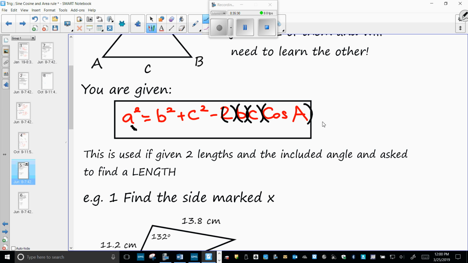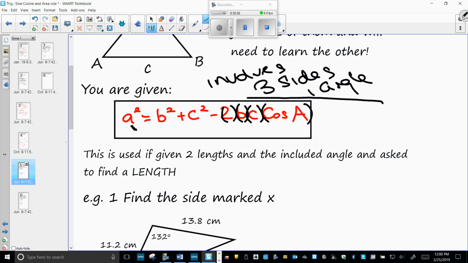For the cosine rule, you need to know all of them. There'll only be one missing. One leg. So, how we said that the sine rule involved two sides, two angles, the cosine rule involves three sides, one angle.